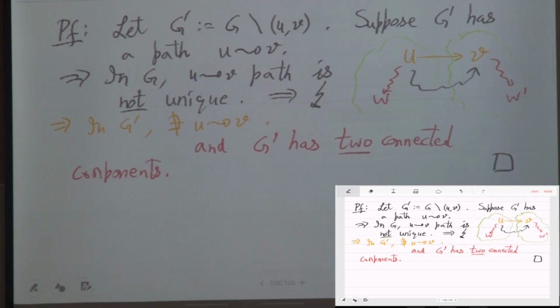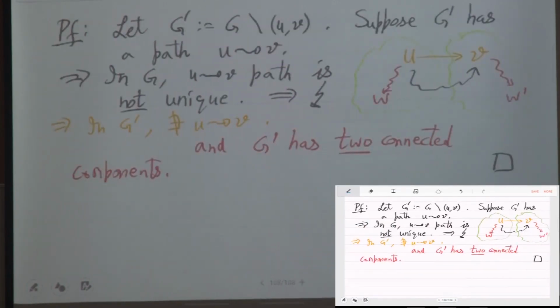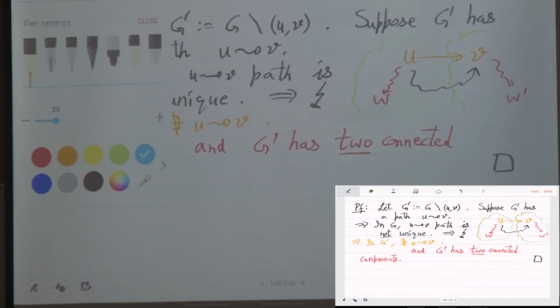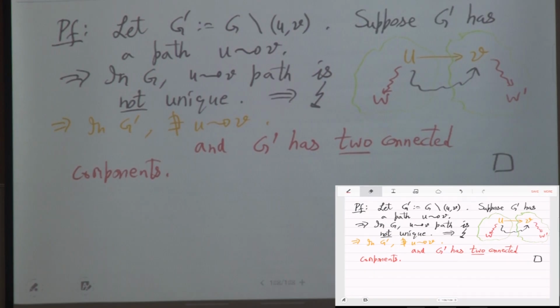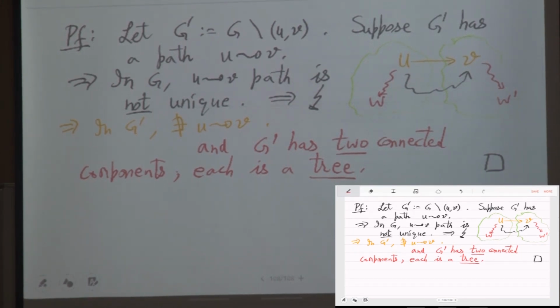Okay, what can you say about these connected components? Yeah, they are subtrees. Let's write it here then. Each is a tree. Is this clear? What would happen if you remove two edges from a tree?